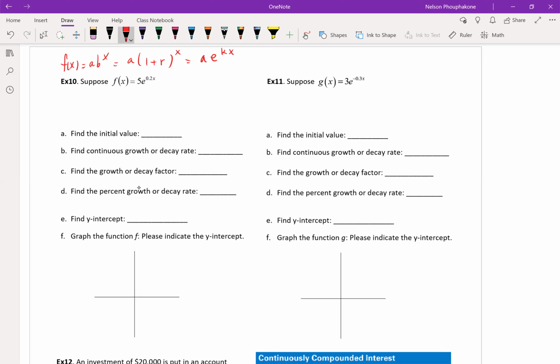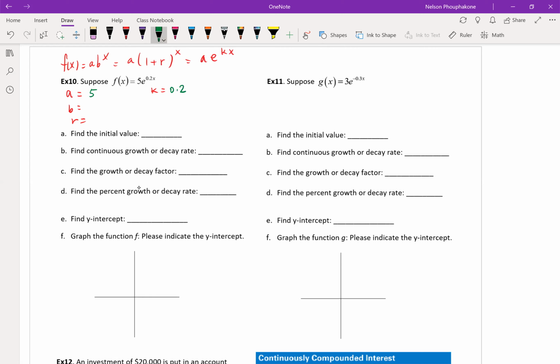Okay. Now for this problem, we want to identify a, b, r, and k. Right away, we know that a is equal to 5, and since we have e to the 0.2x, k is 0.2.